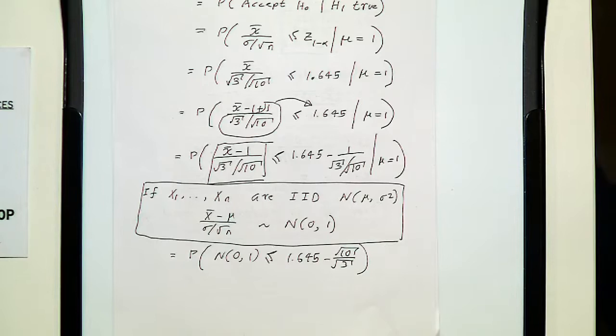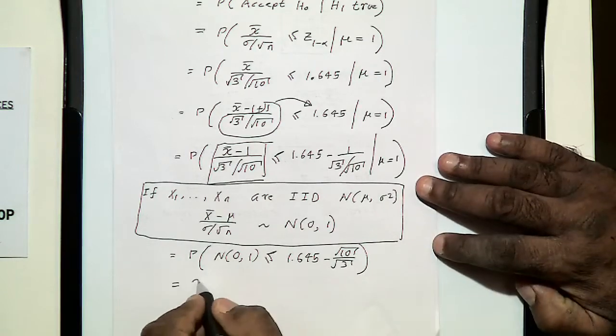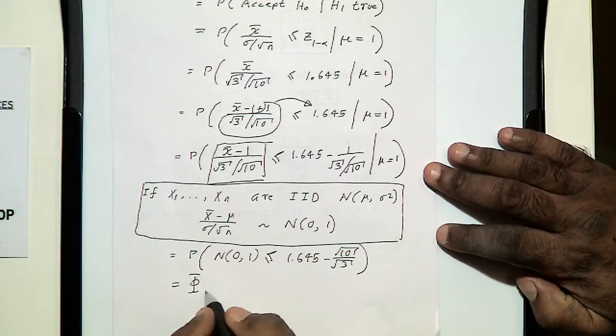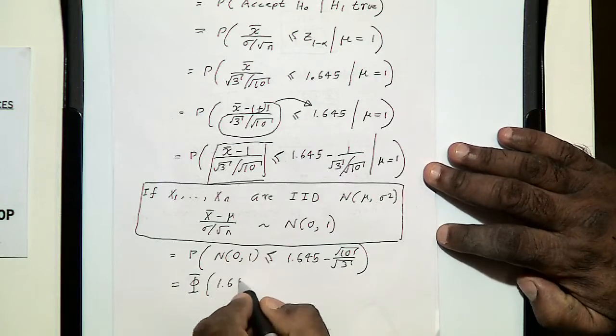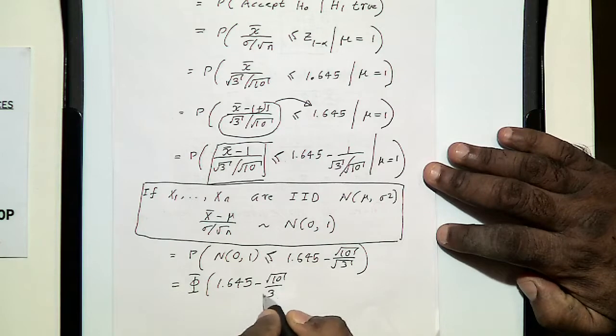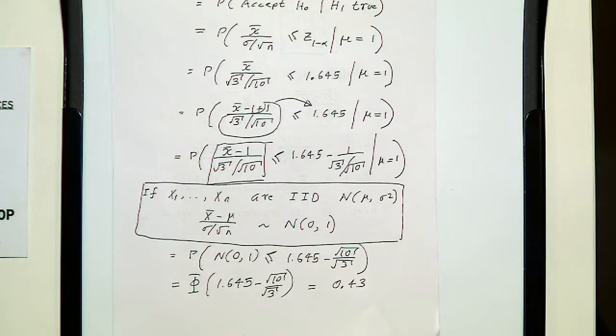So we have used the conditioning and therefore we don't need to put it anymore. So this becomes phi. Remember, phi is the notation for the CDF of the standard normal. And if you work this out using a normal table, this is what you will get.